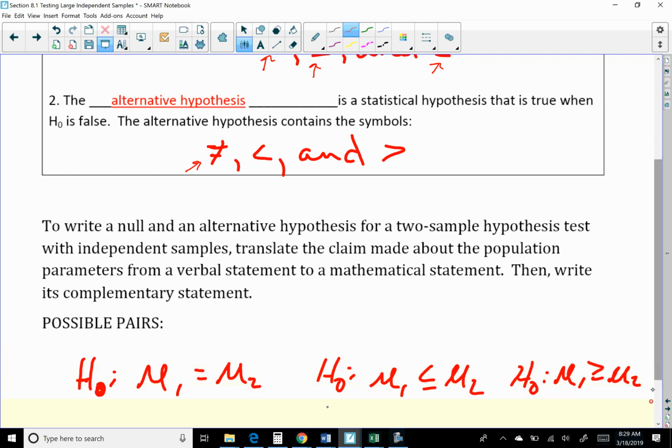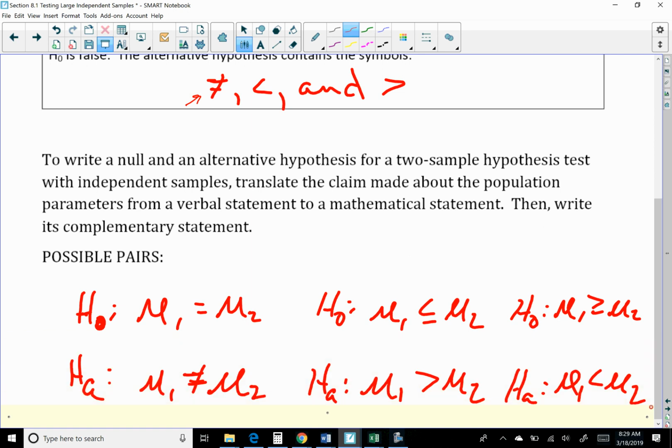So here's the deal. The possible pairs that you can have for this type of test look like this. The mean from one population is equal to the mean of the other population. That's your first choice, that they're equal.